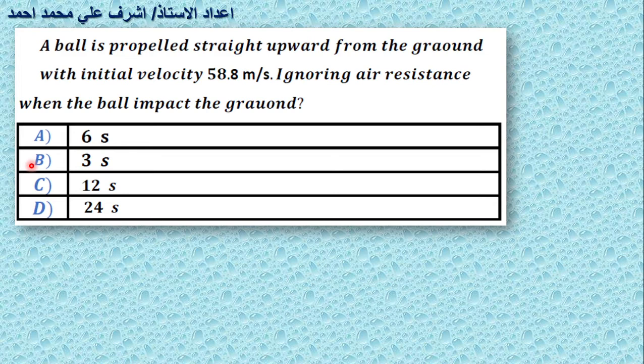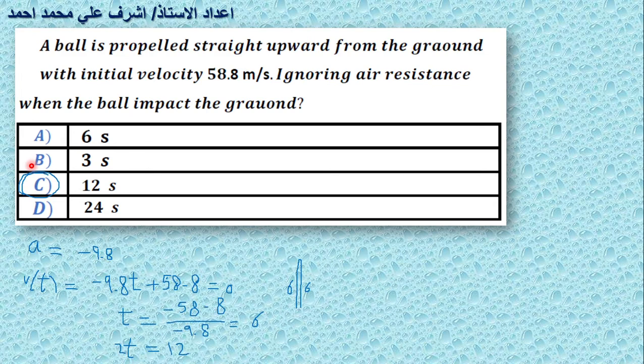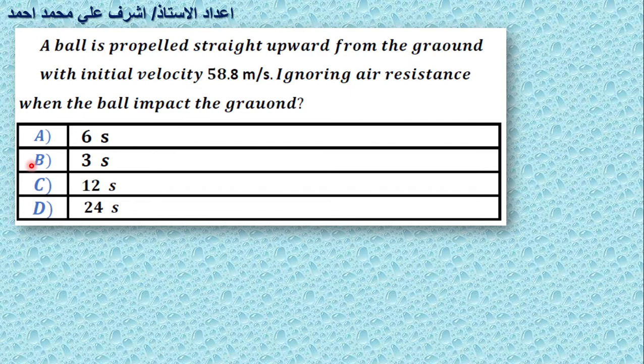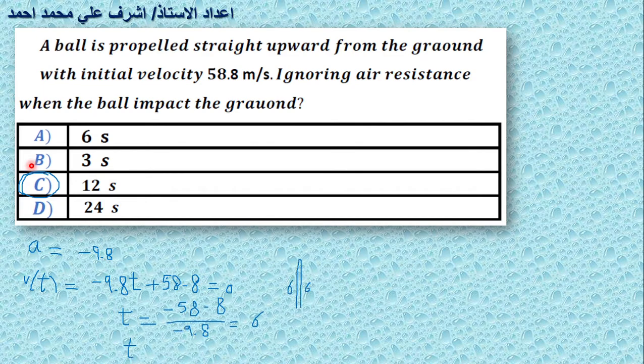He used meters here, so our acceleration is negative 9.8 meters per second squared. So v of t equals the integral with respect to t, negative 9.8 t plus the initial velocity.